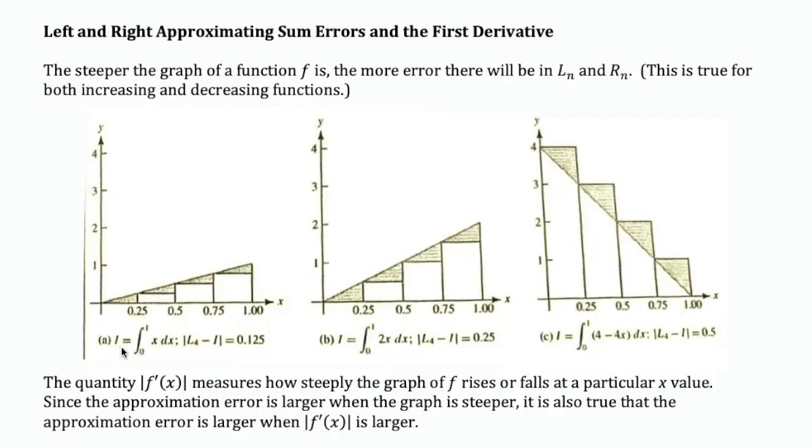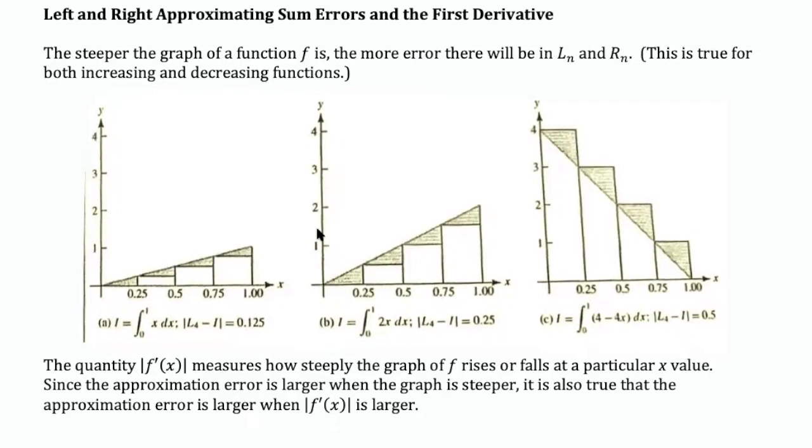So below each graph, you have some details about what the function was and how bad the error is. In the first situation, the left approximation has an error of 0.125. Second situation, the error is 0.25. Third situation, it's 0.5. And the right approximation behaves similarly.